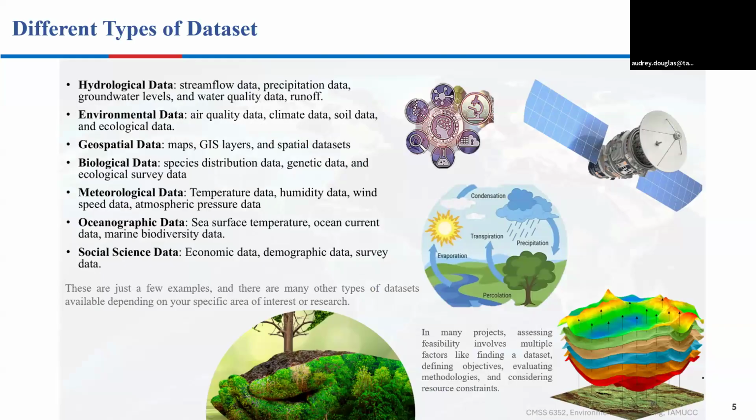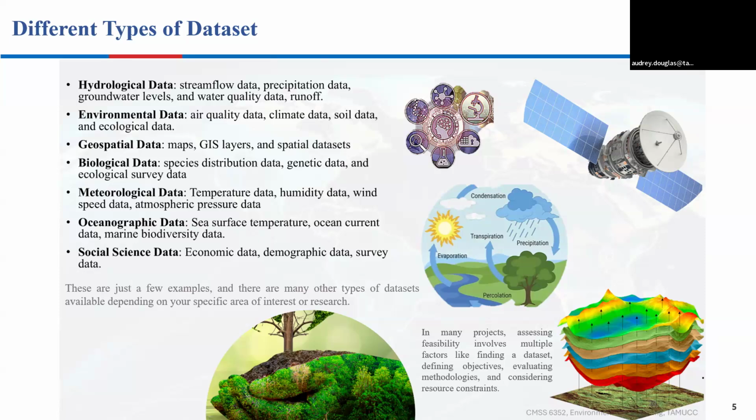Actually, in many projects, assessing feasibility involves multiple factors, right? Like finding a data set, defining objectives, evaluating methodologies, and considering resource constraints. Here you can see different types of data sets we have.